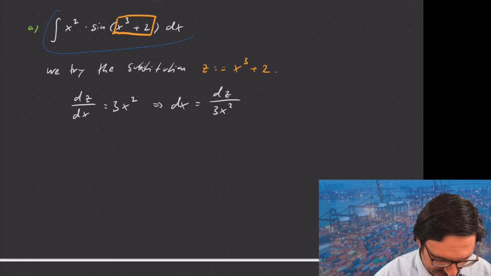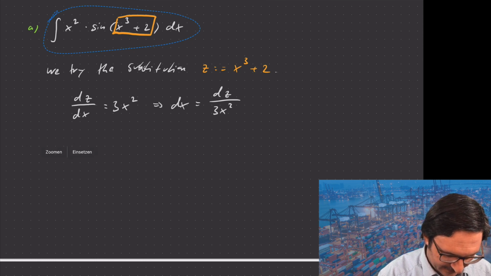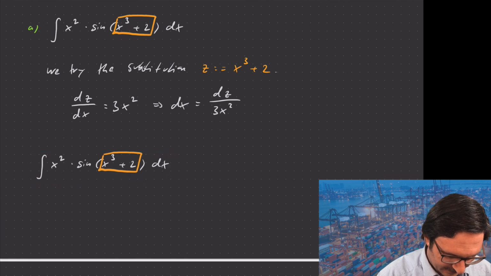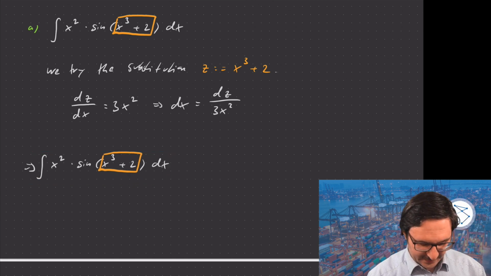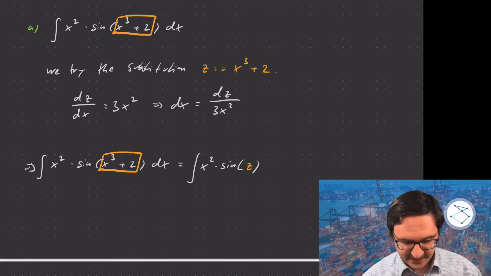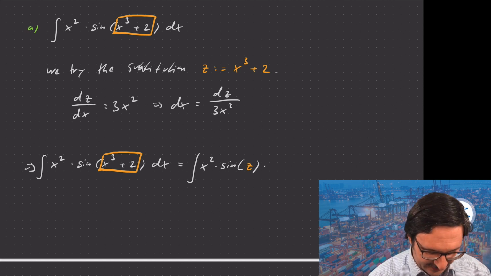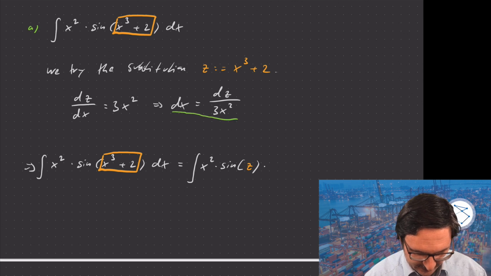So once again, we want to solve this integral up here. Let's copy that. And then using this substitution, we get the integral over x squared times the sine of, and here our new variable comes in, so that is z, that's how we defined it, times, and then instead of the dx here, we write dz over 3x squared.